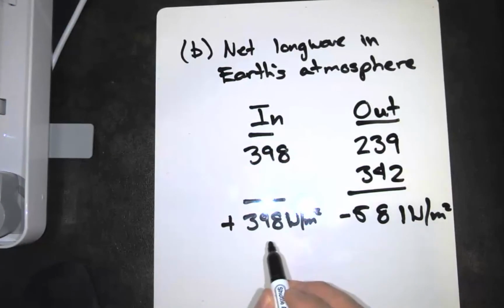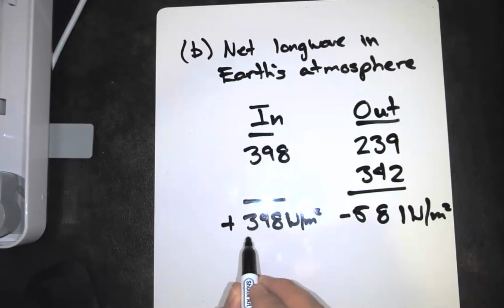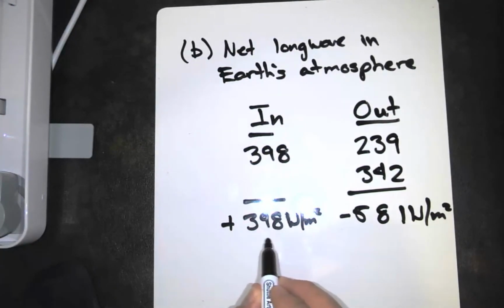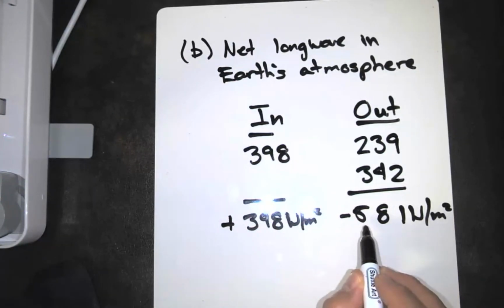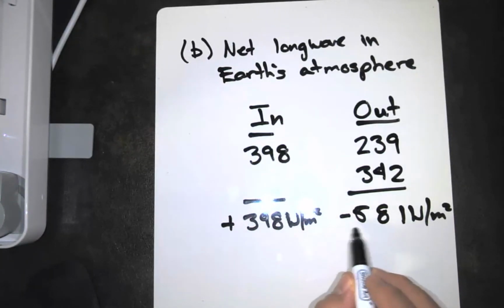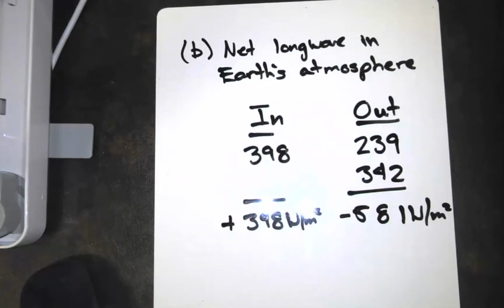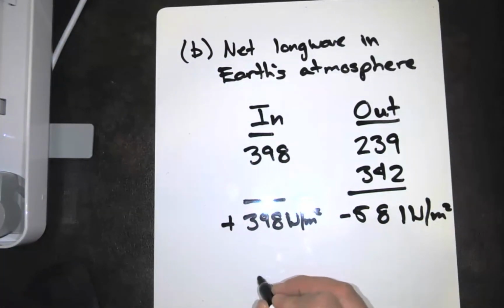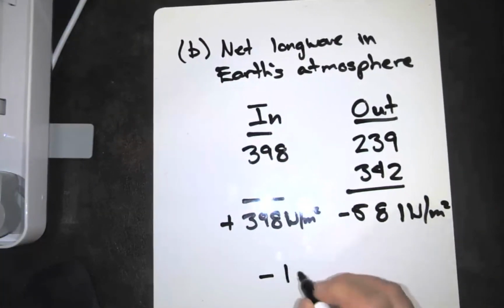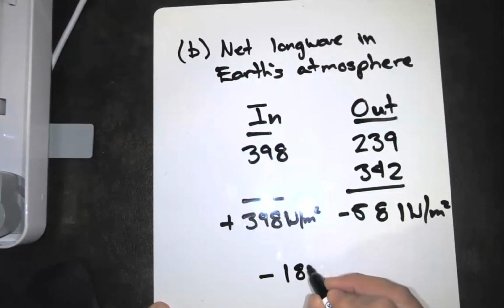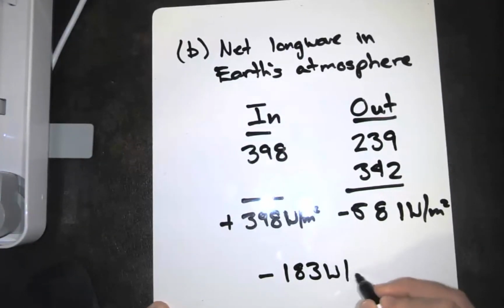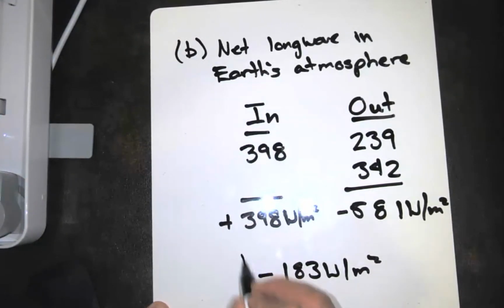Okay, so when I take my positive 398 watts per square meter and I subtract 581 watts per square meter, I get a value of minus 183 watts per square meter.